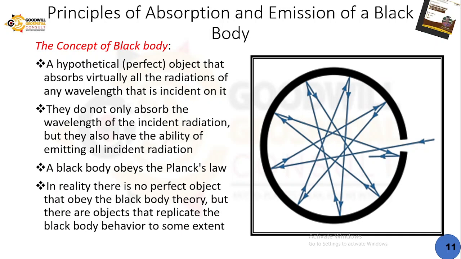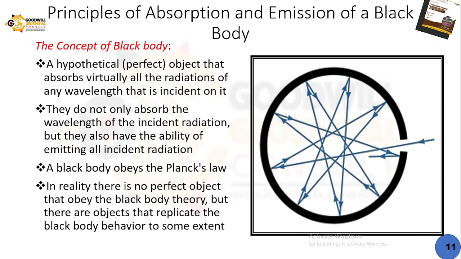And conversely, some materials also have the ability to reflect or emit all the energy incident on them. These bodies are what you call a black body. They create an effect termed the black body effect.